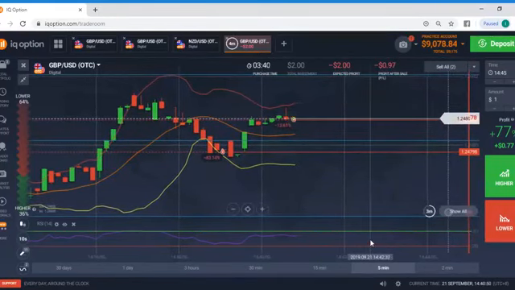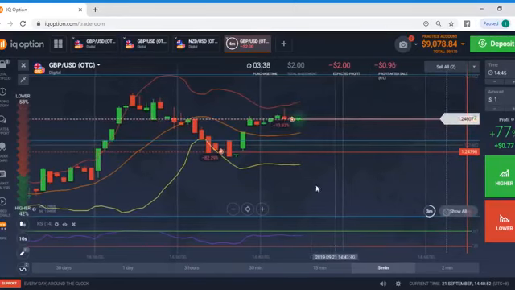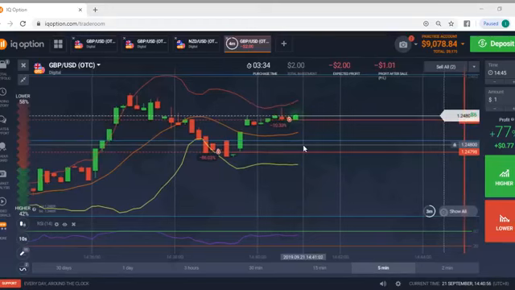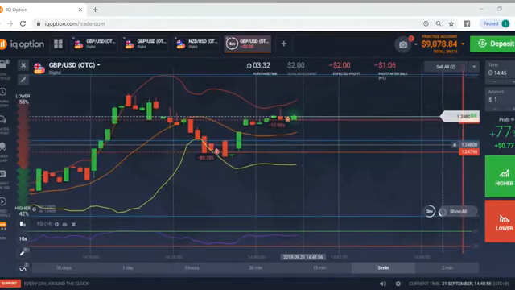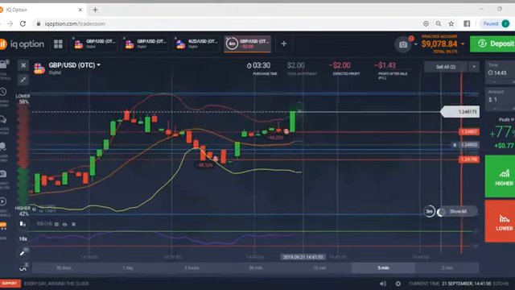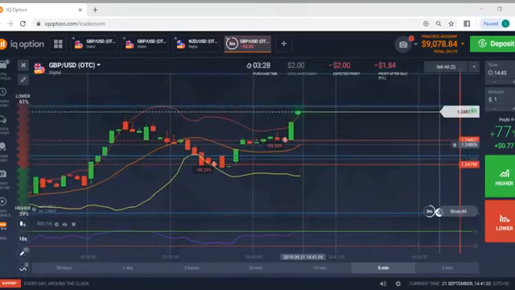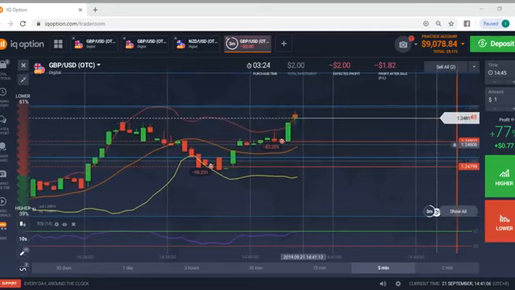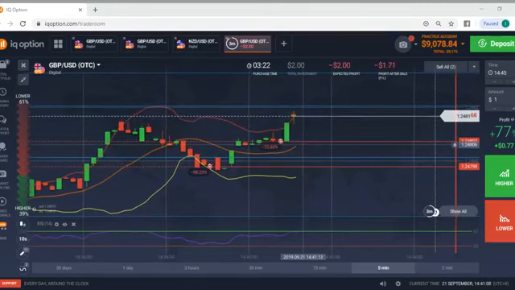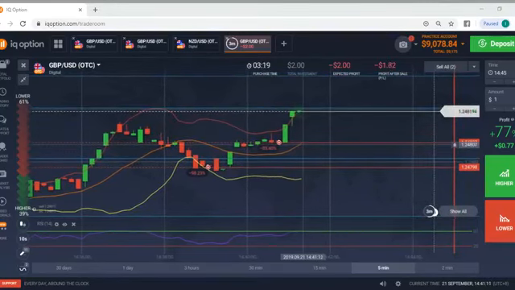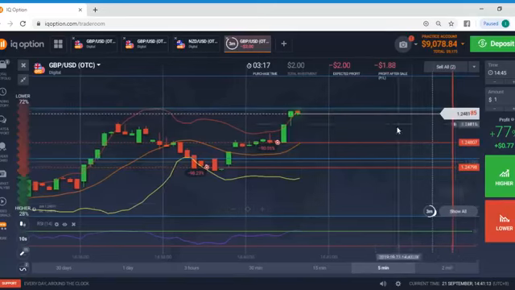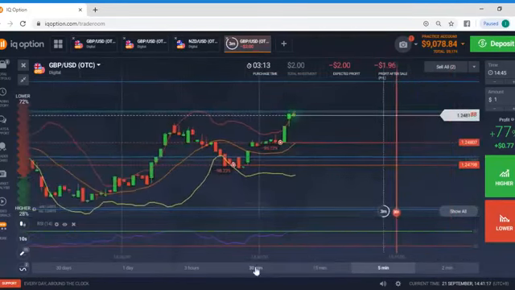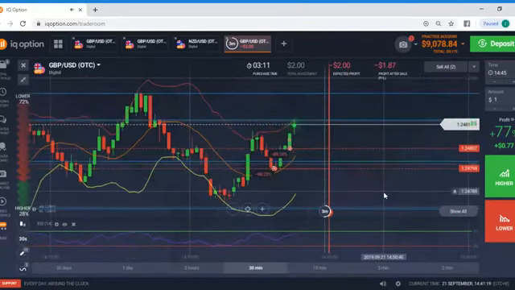So we're trading the 5-minute time frame here. So it's hitting the resistance we have plotted over here.